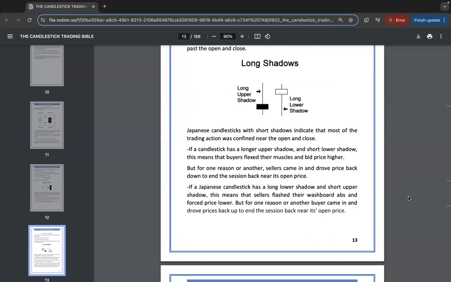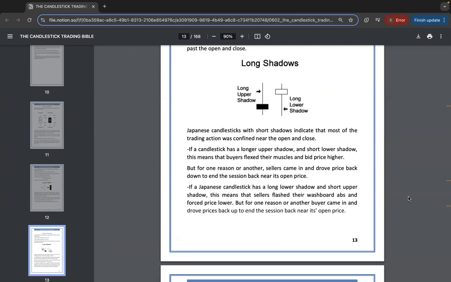If a candlestick has a long upper shadow and a short lower shadow, this means that the buyers flexed their muscles and bid price higher. But for one reason or another, sellers came in and drove price back down to end the session back near its open price.